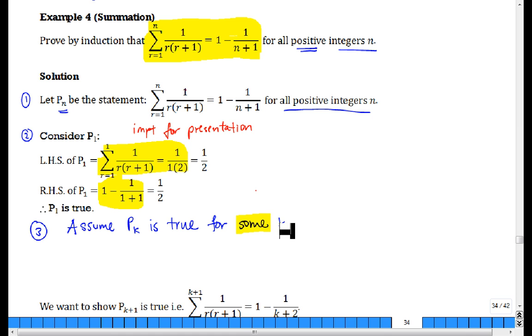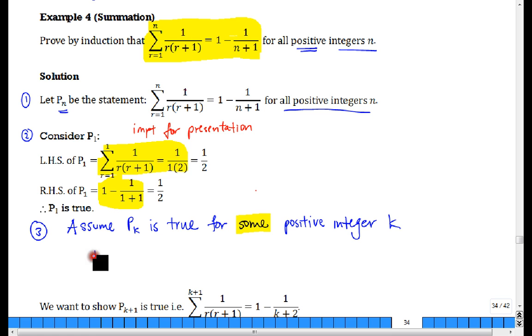For some positive integer k. Because you want to prove for all positive integers n, so we assume Pk is true for some positive integer k. Now, to make things very clear, because when you say Pk is true, what does it actually mean? We better write down what it means so that we can make use of it in the fourth step.